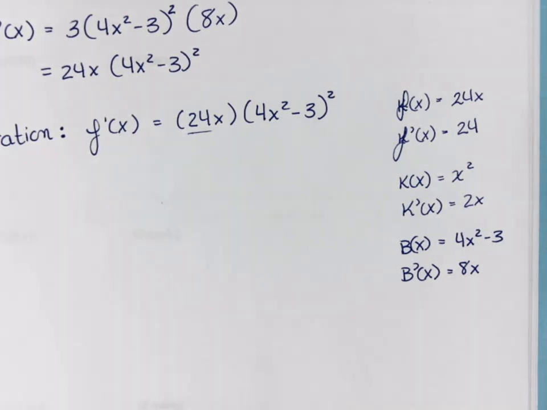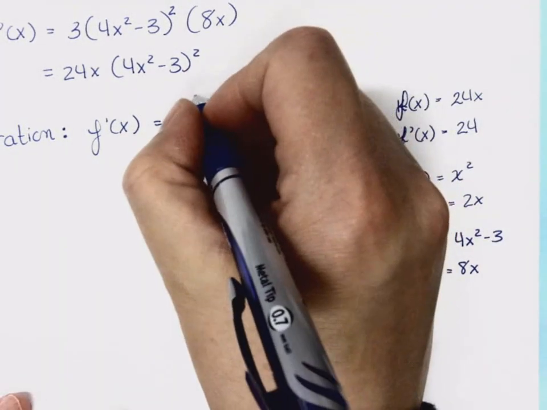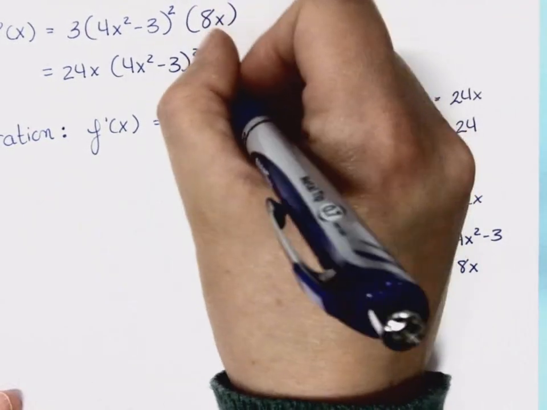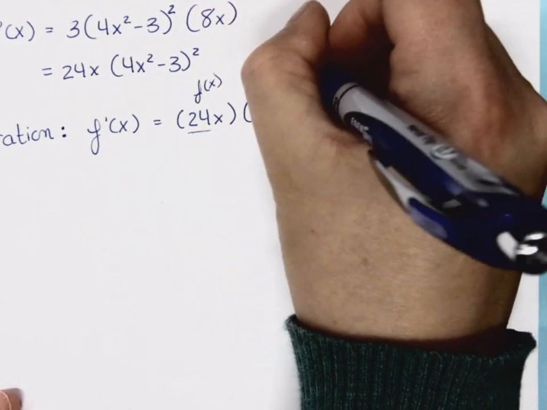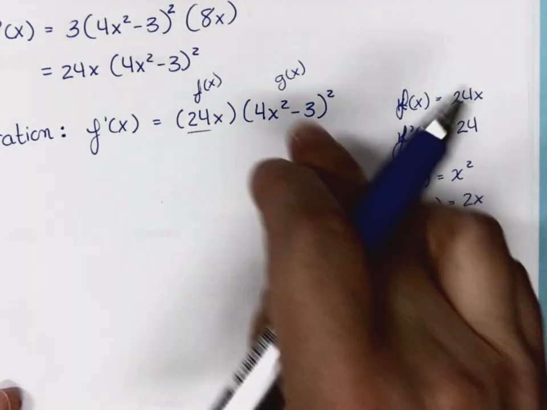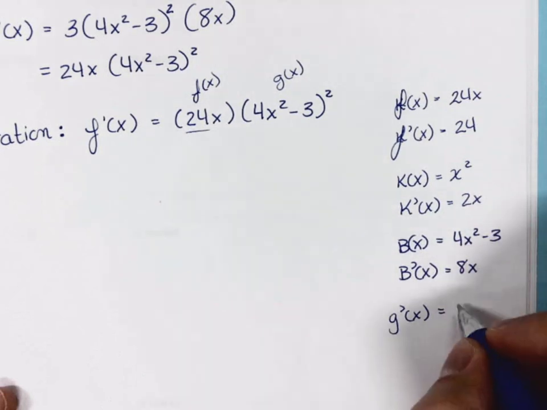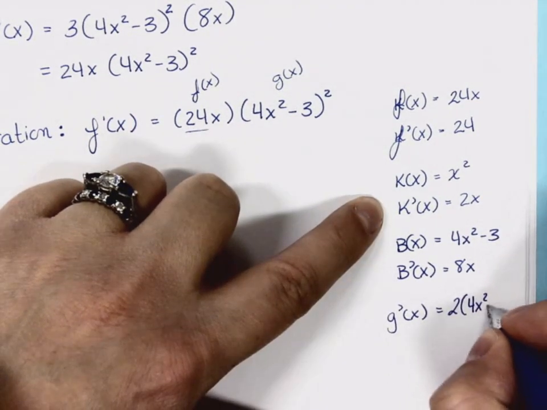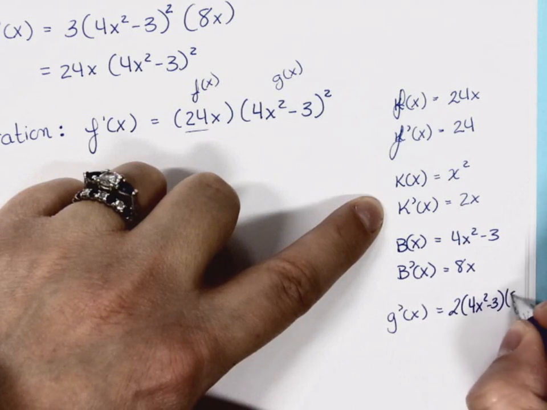All right. So if this is my, see, it's all labeled f of x, so I'm all screwed up now. f of x, g of x. So if I'm looking for the derivative of g of x, which is my composite function, it's going to be 2 times 4x squared minus 3 times 8x.